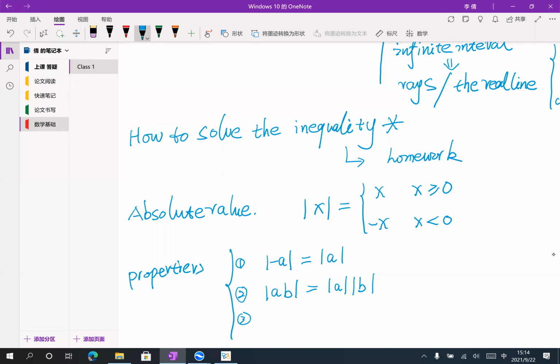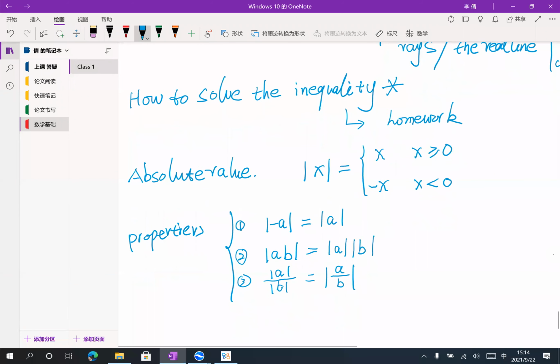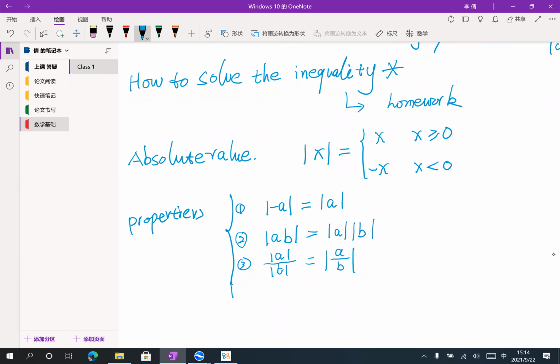And then the third one is the absolute value of A over the absolute value of B is equal to the absolute value of A over B, right? This is the third property. And the fourth property is the absolute value of A plus B is smaller than or equal to the absolute value of A plus the absolute value of B, right?